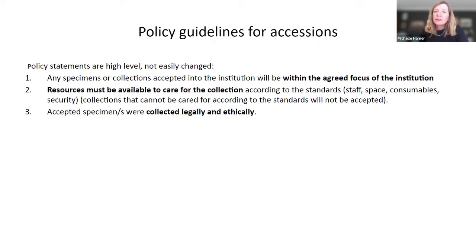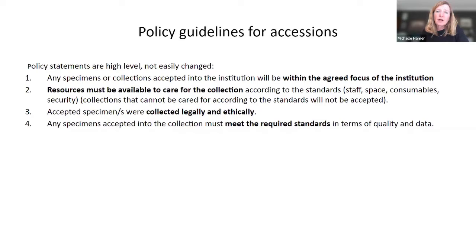The third point is that accepted specimens should have been collected legally and ethically. Next point. Any specimens accepted into the collection must meet the required standards in terms of the quality. So you can't just accept any old things that get dumped there. There should be a standard for them.